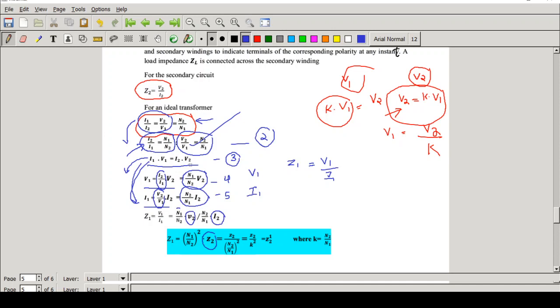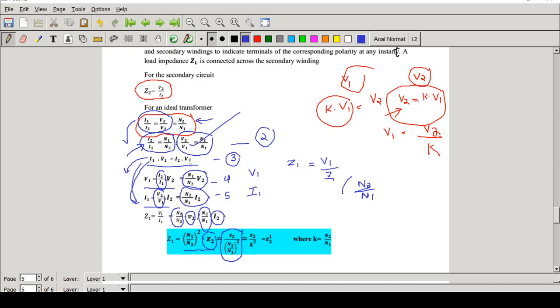Now these two expressions N1 by N2 and N2 by N1, when you multiply them, you will get Z1 equal to N1 by N2 the whole squared into Z2. Now I'm going to rewrite this expression, because we don't want N1 by N2. We want N2 by N1, because N2 by N1 is the transformation ratio K. So I will bring it to the denominator and get Z2 by (N2 by N1) the whole squared.